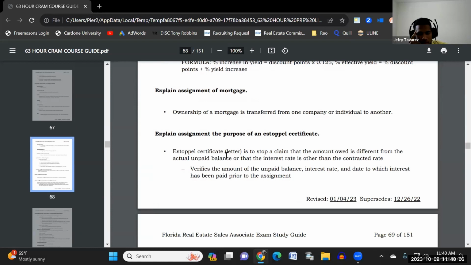So with the estoppel letter, essentially it's a letter done by a financial institution like a lender whenever they're selling the loan to another bank or another lender, and it explains what the terms of the loan are, such as interest rate and all that, so that they cannot be changed.